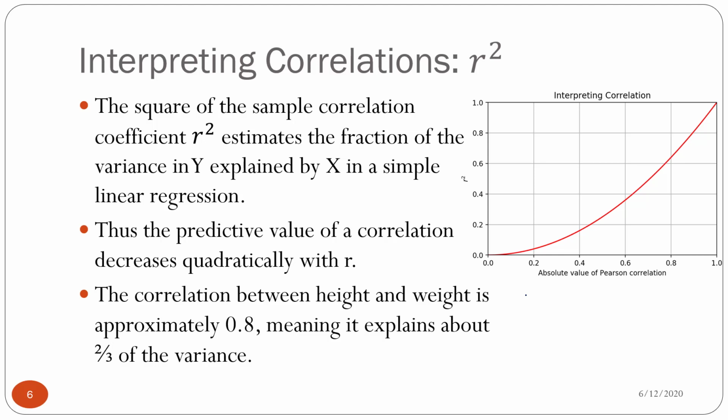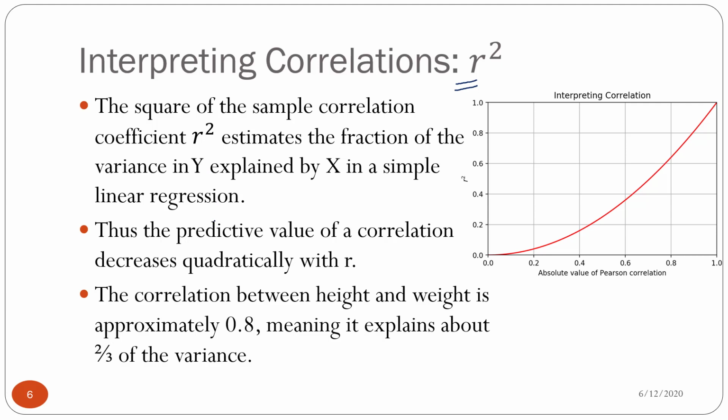So correlation is very important actually. It gives us some idea about the predictive power of one variable for the other, but there are even more things which are important about correlation coefficient. So let's look at this factor which is called R square. So what is R square? This is very important, so please try to understand that. Now R, we found R, right? That is correlation coefficient.